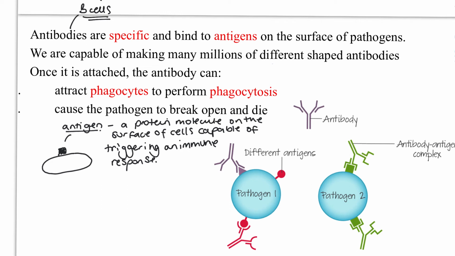So when you're infected with a particular pathogen, each one of these has a go. Is my antibody the right shape? Is my antibody the right shape? Until we find the one whose antibody is the right shape.